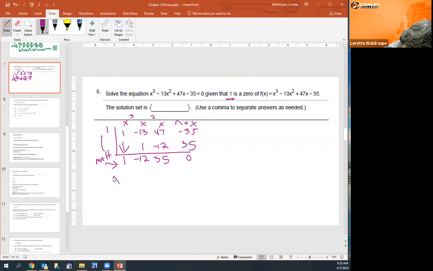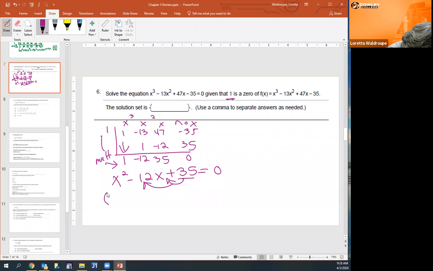So now I have x squared minus 12x plus 35 equals 0. You want to ask yourself, are there factors of 35 that add to give you negative 12?